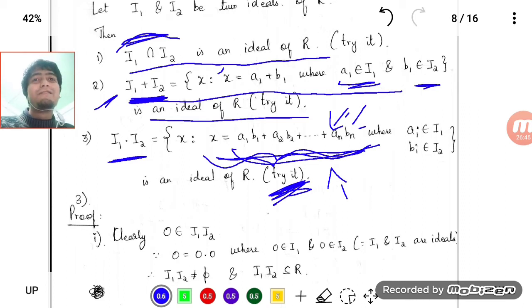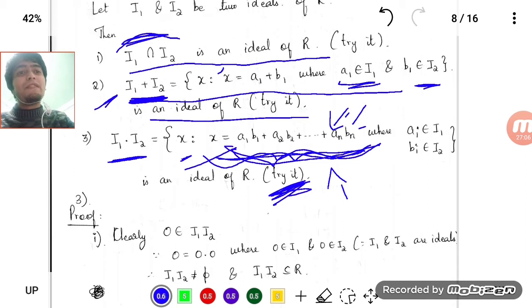If it ends in 3, 4, 5 steps, or even 100 steps, as long as it ends finitely, then that element will be here. You just have to be very careful over here. You have n terms. You may have only 1 or 2 terms, it doesn't really matter, but each term comprises 2 elements. This term also comprises 2 elements.